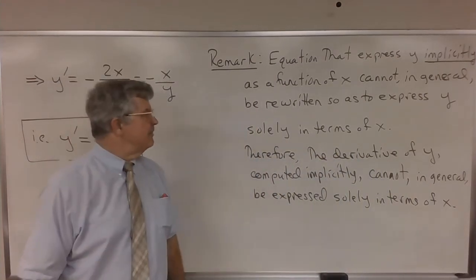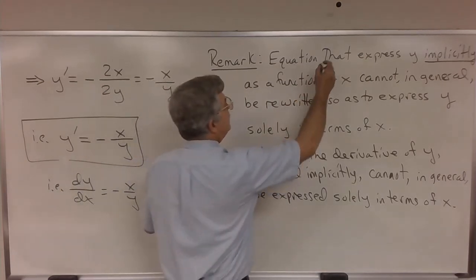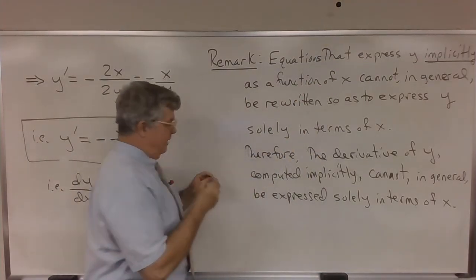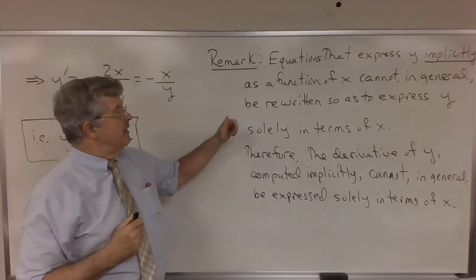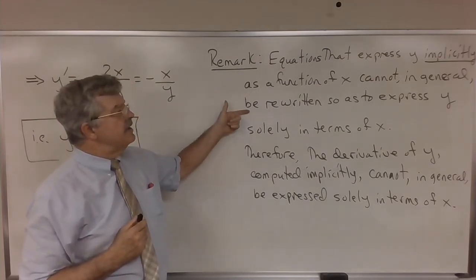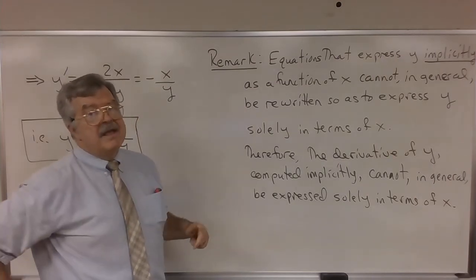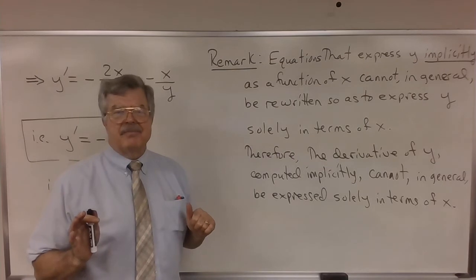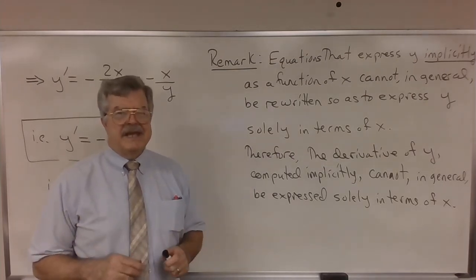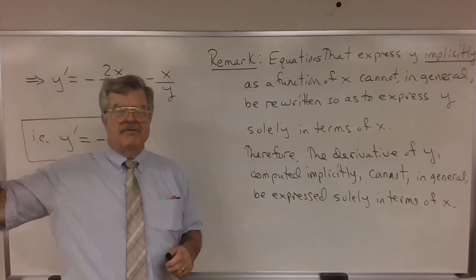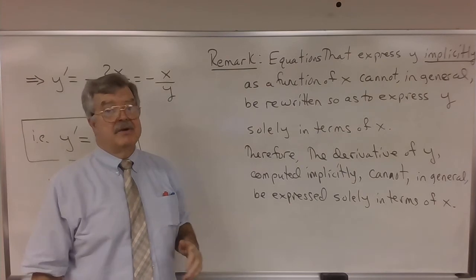Okay, here's my statement on the matter. Equations that express y implicitly as a function of x cannot in general be rewritten so as to express y solely in terms of x. So if we have a function that expresses y implicitly as a function of x, usually we can't write it so that we have y over here and solely x on the other side of the equation.